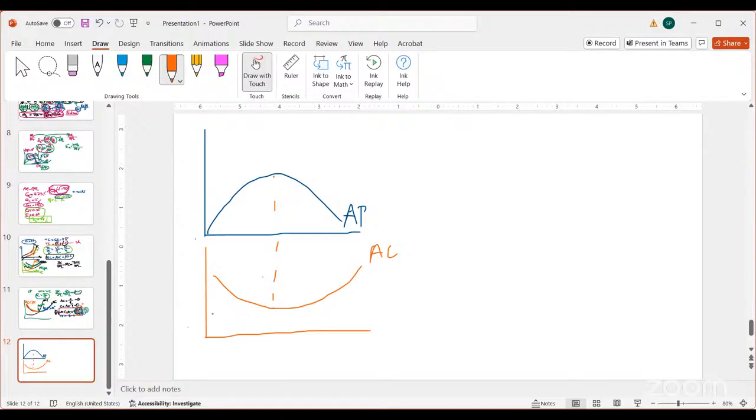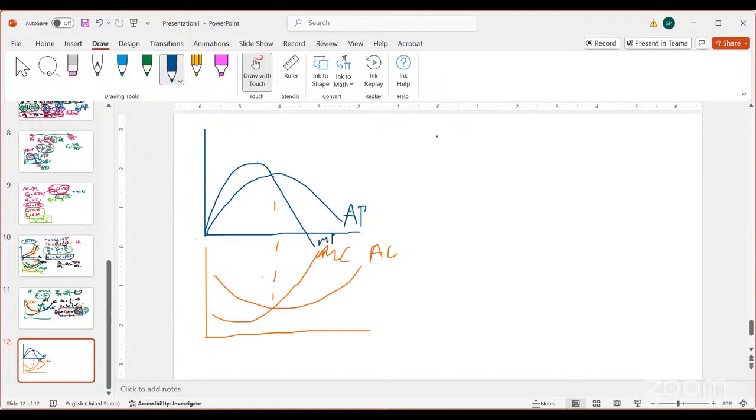And here the marginal cost goes to a minimum point, and on the production side, when you look at the marginal product curve, you saw it like here. Now you see that relationship: the average product and the average cost, the marginal product and the marginal cost.